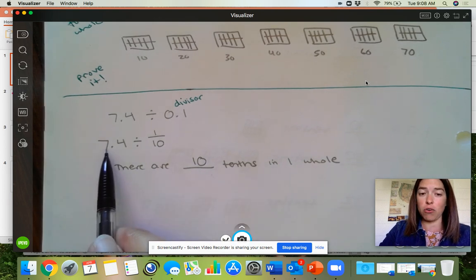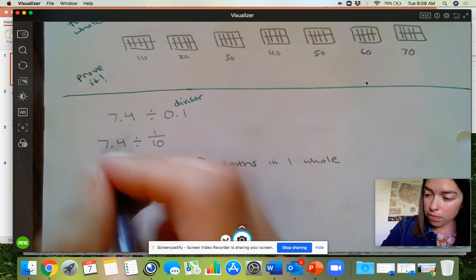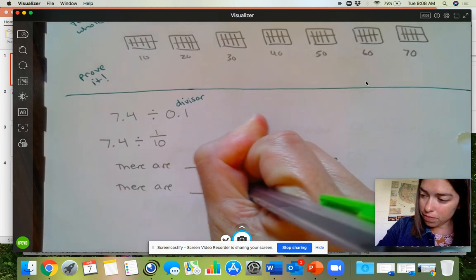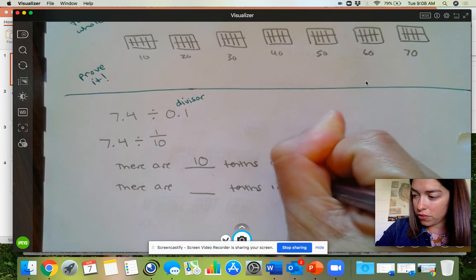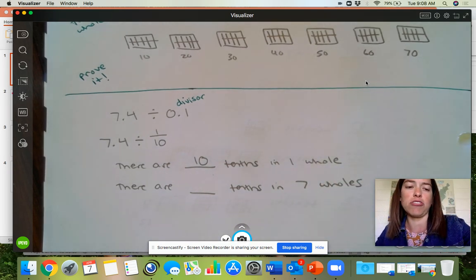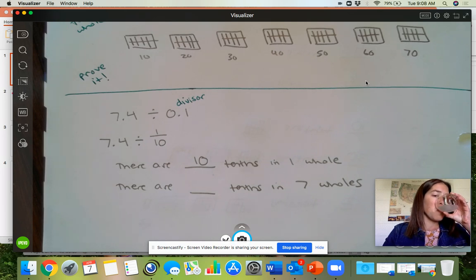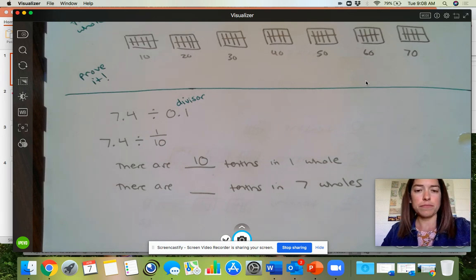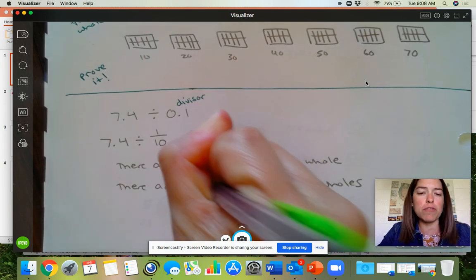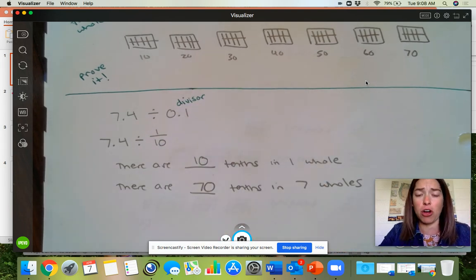I have 7 wholes. So there are 10 tenths in one whole. There are blank tenths in 7 wholes. Go ahead and fill this one out yourself. We should know exactly how many tenths are in those 7 wholes. Perfect. There are 70 tenths in 7 wholes. We already proved that in the last one. Thus, I now know if there's 10 tenths in one whole, there must be 70 tenths in 7 wholes.